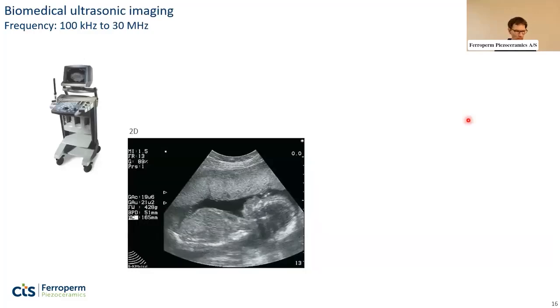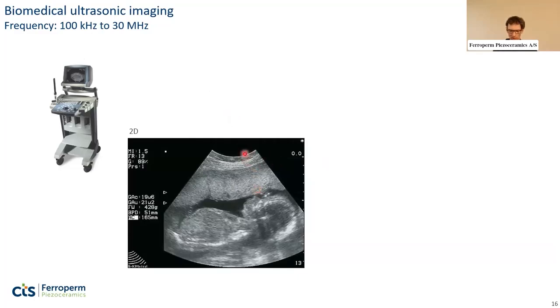So the next example I'll show is for ultrasonic imaging. I mentioned this example in the lecture, in the first webinar.